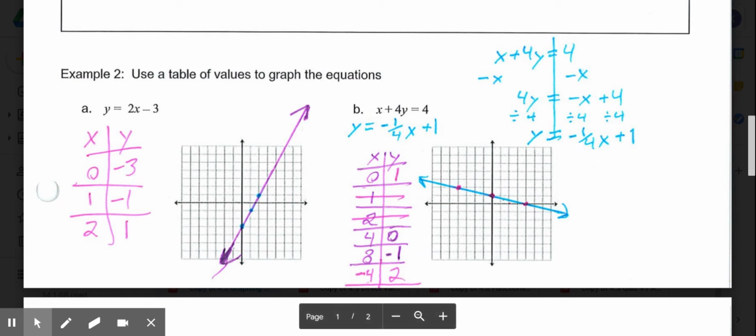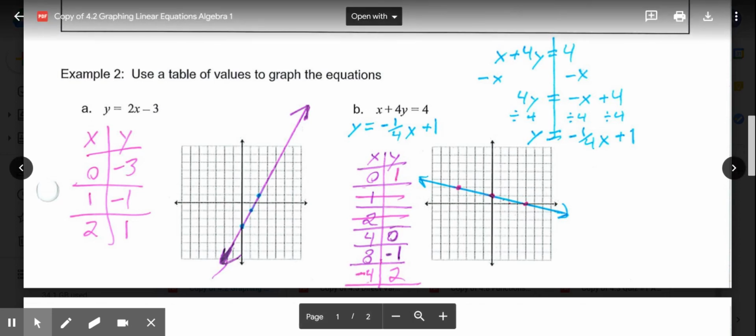Or, if you run out of space, we could put in a negative 4 for x. Negative 4 times negative 1/4 is a positive 1, plus 1 more would be 2. So negative 4, 2 would be left 4, up 2. Connect your points, and you have your line.